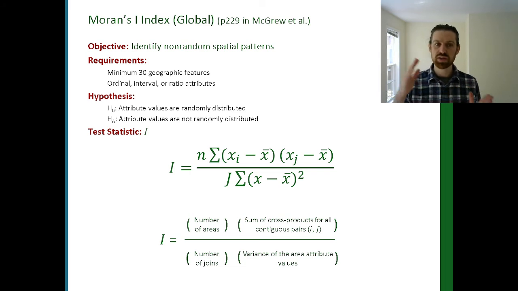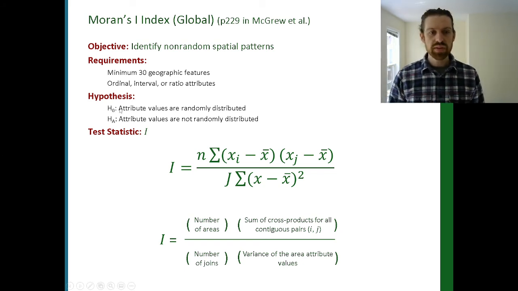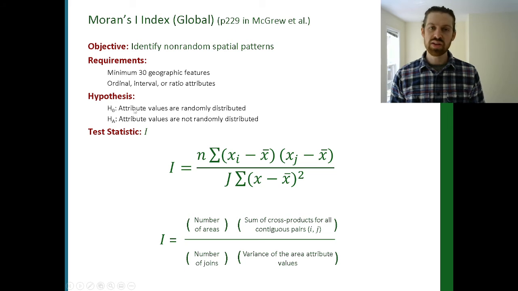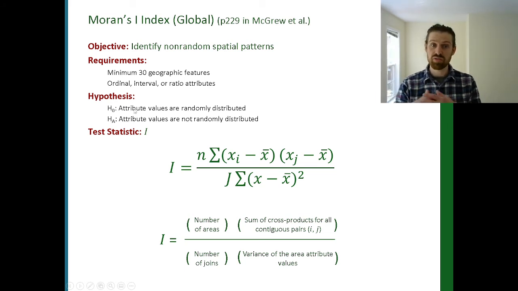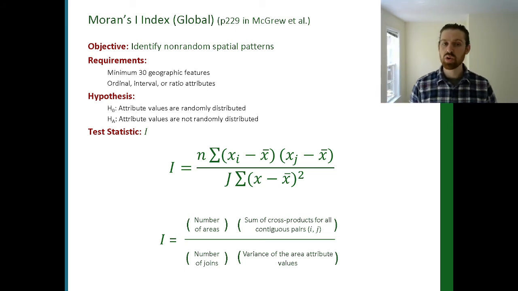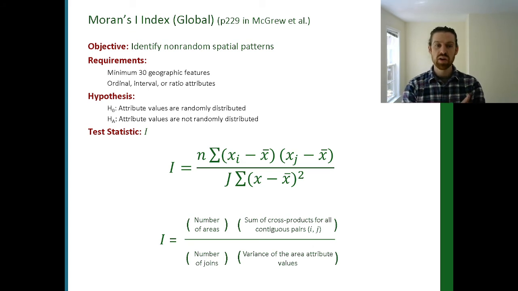So we're expecting some sort of numerical information, even if it's ordered, as input. The null hypothesis is that the process we're looking at is randomly distributed, so there's no correlation between those points or areas, whereas the alternative hypothesis is that the attribute values are not randomly distributed.